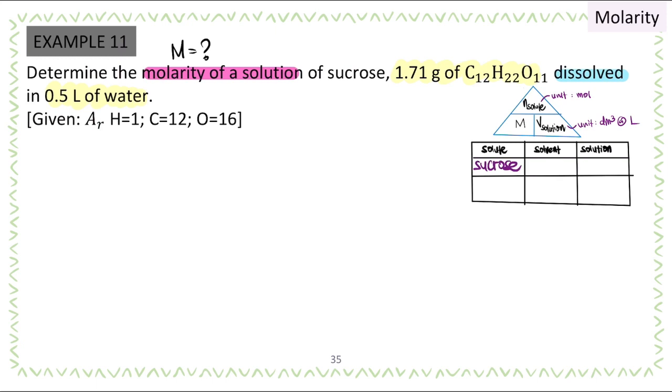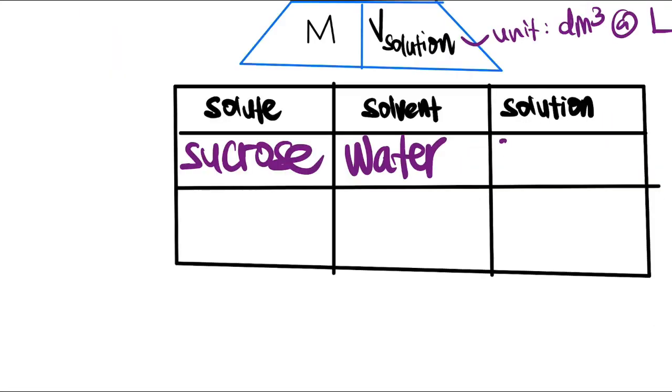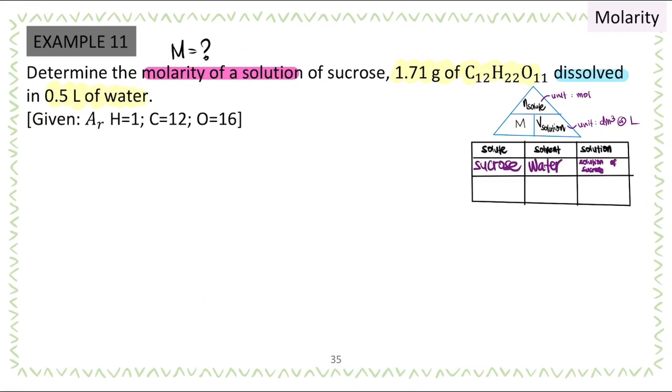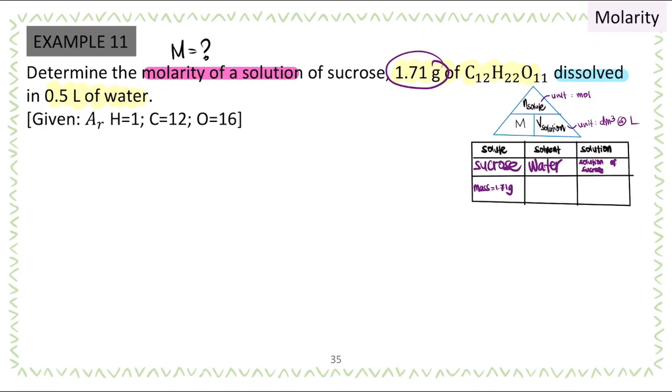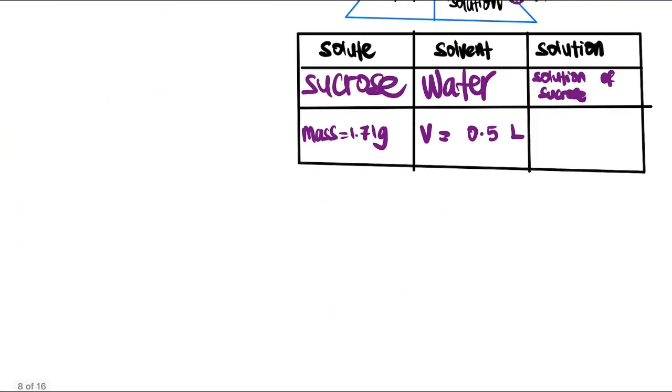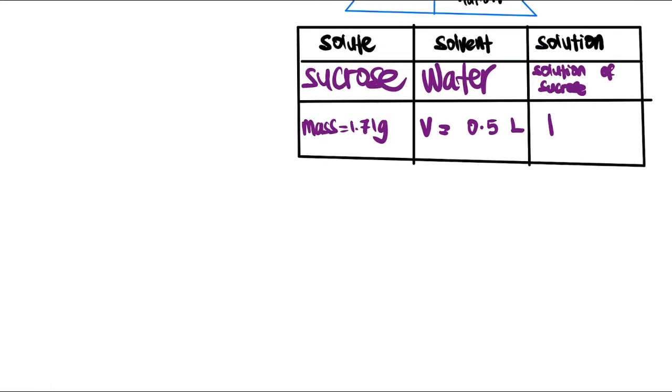So meaning to say the solvent would be water in this question. Therefore, when sucrose is dissolved in water, the solution that we will get is sucrose solution, or solution of sucrose. After we determine which one is solute, solvent and solution, then we can fill in the information given from the question into the table.